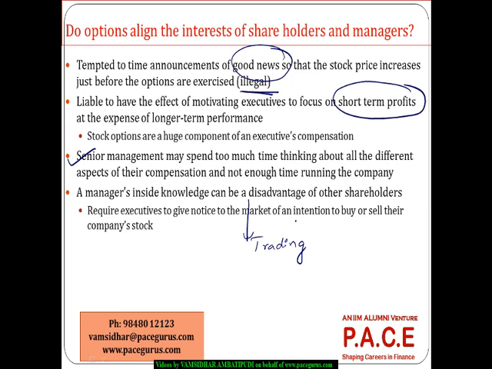So it is in this context that all the regulators put requirements that in case any executive is looking at buying or selling their own company's stock, they have to give enough notice to the market, at least a week's notice, so that the market will try to analyze that information and take the decision appropriately.